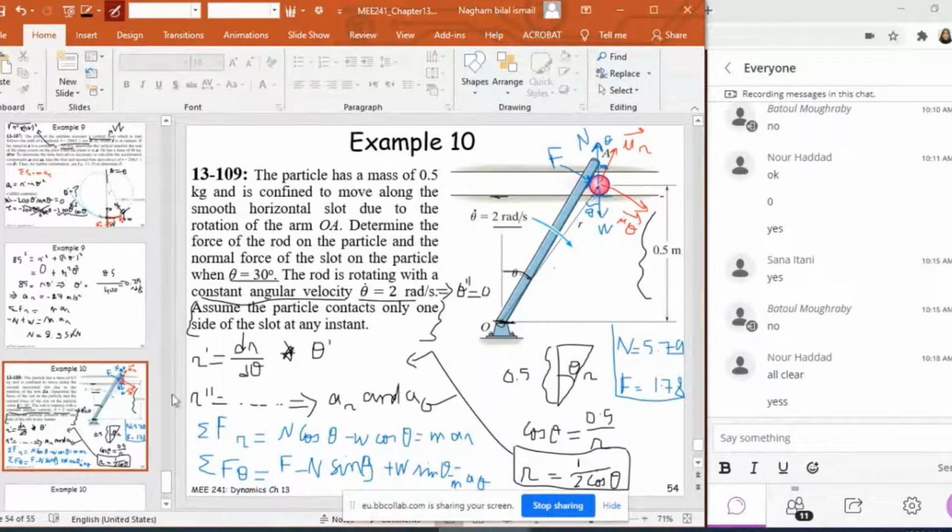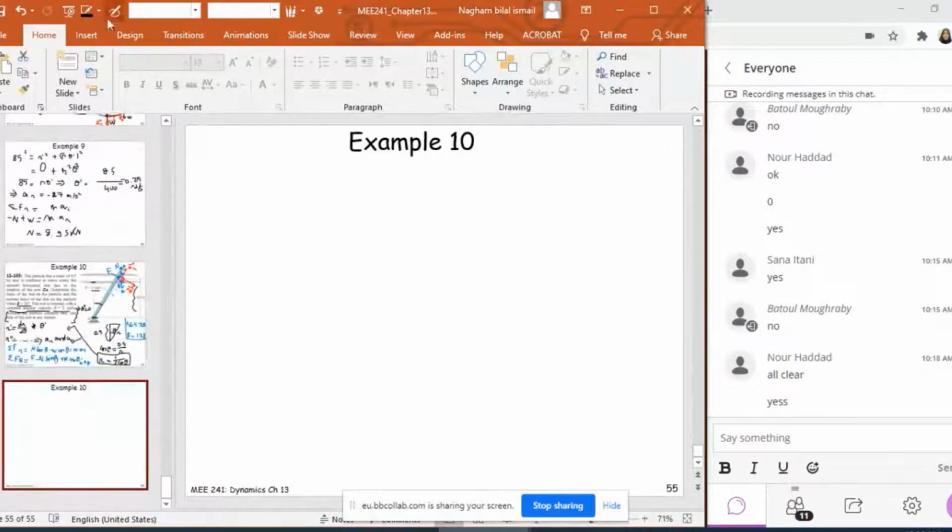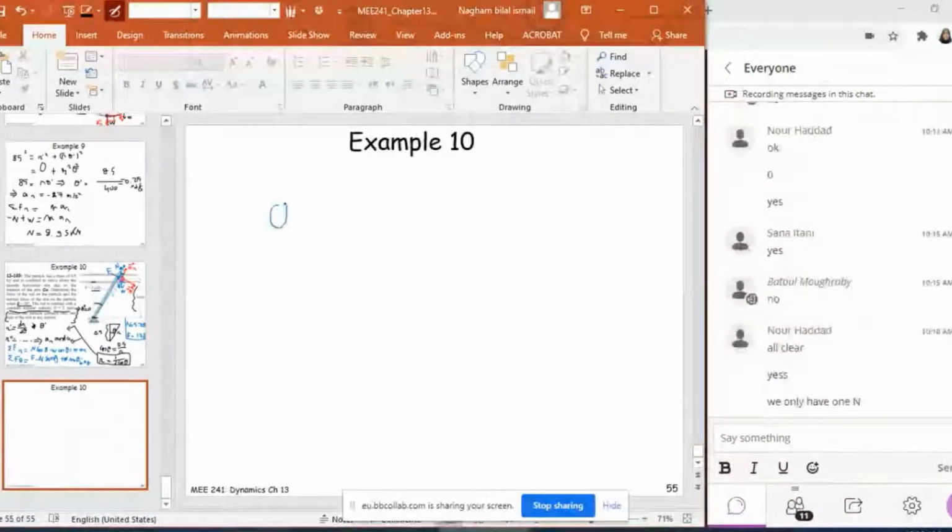What does this mean? If this ball had two contacts, I would have two normal forces: an upward normal force caused by the downward side, and a downward normal force caused by the upward side. They are not equal, right?